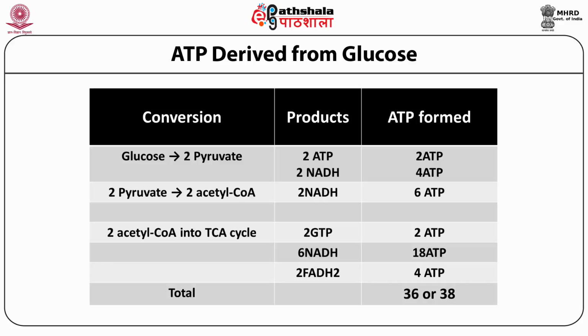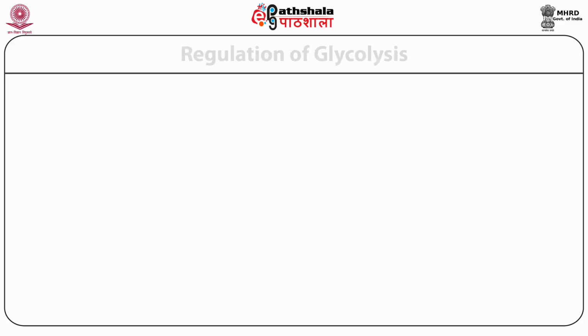When acetyl coenzyme A enters the TCA cycle, at the end of the TCA cycle, 2 GTP and 6 NADH are generated, and 2 ATP and another 18 ATP molecules are produced.